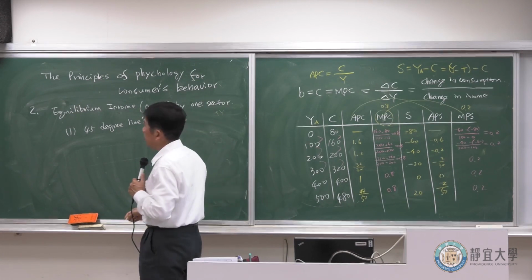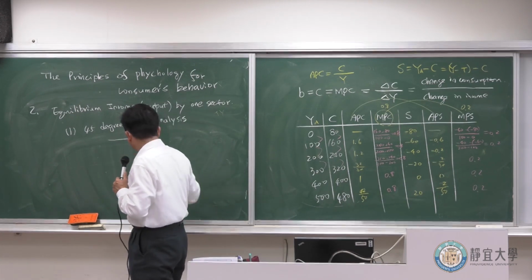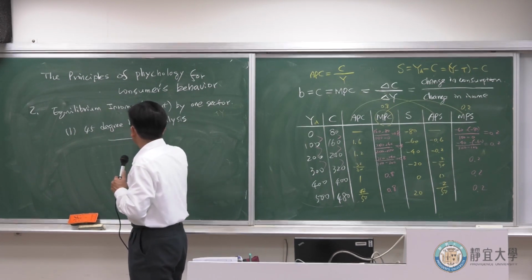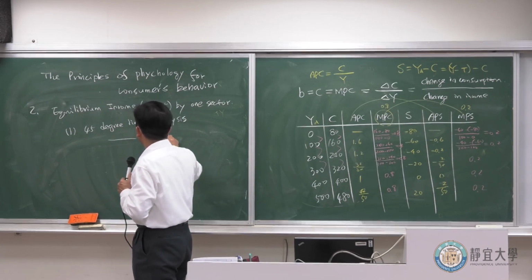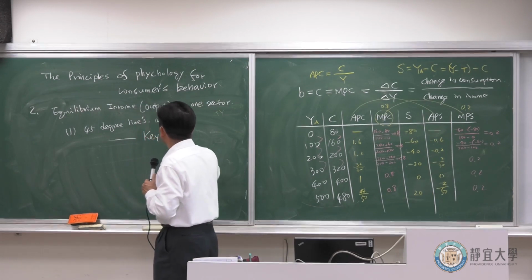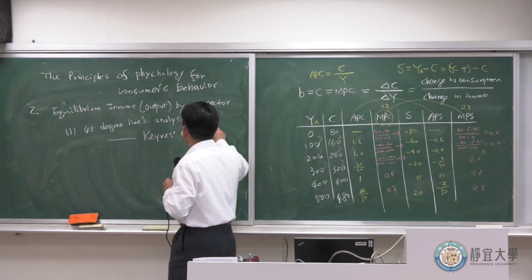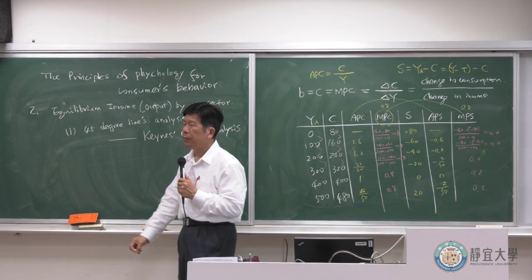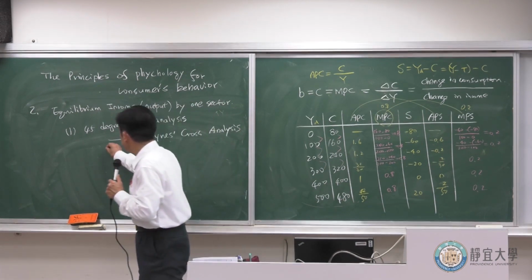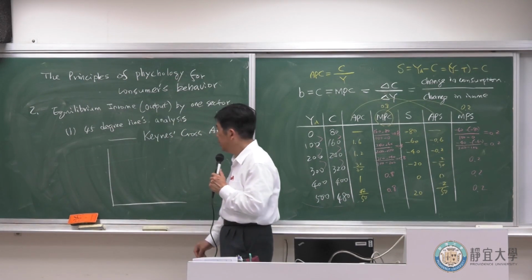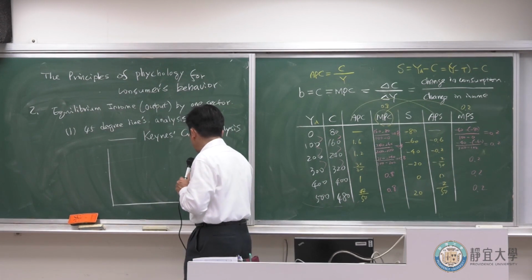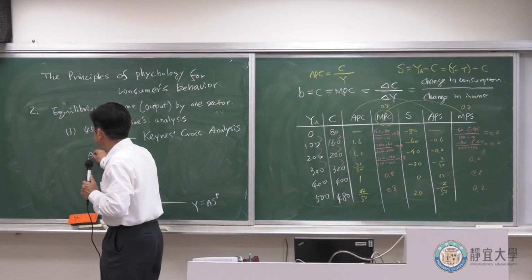Okay. So this one we also call cross analysis. So we just try to draw this figure or this photo. This is Y. This is the ASP, and this is the AEP.